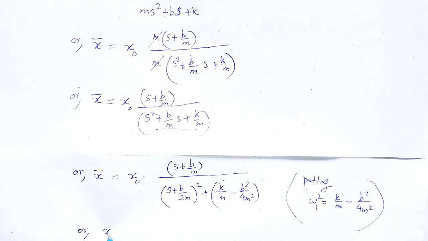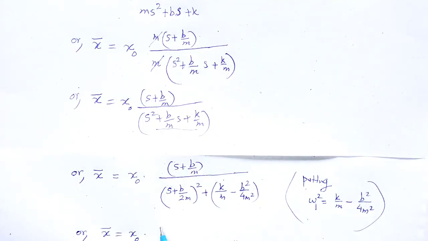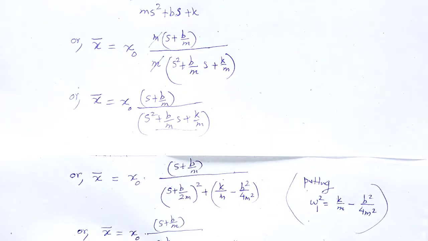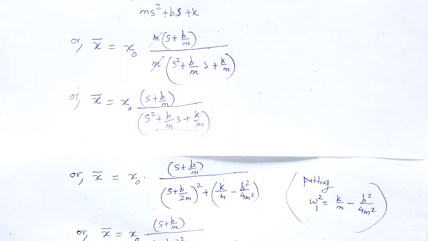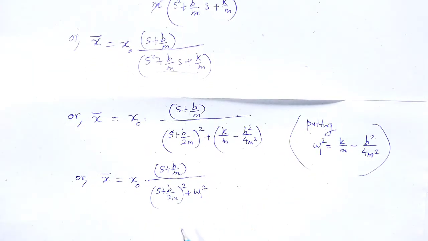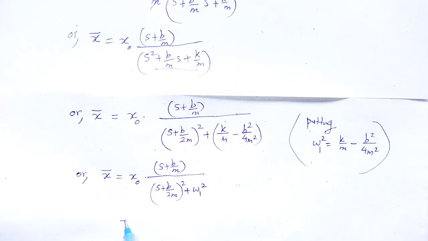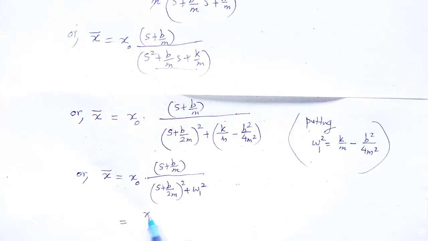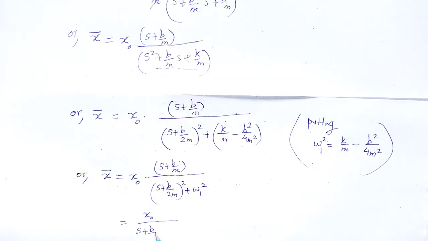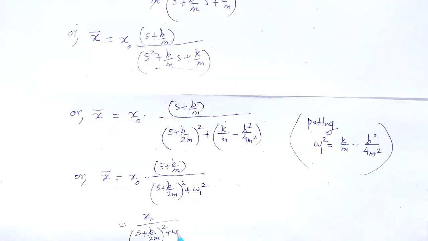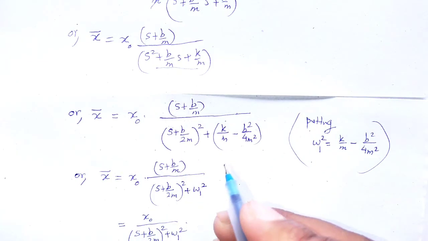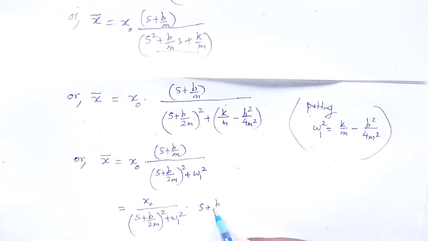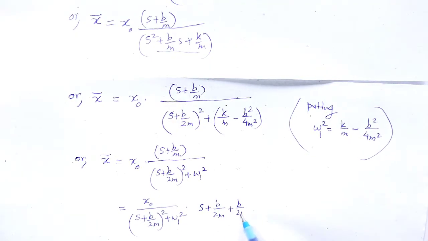Therefore, x bar is equal to x naught into (s plus b by m) divided by (s plus b by 2m) square plus omega 1 square, which is equal to x naught divided by (s plus b by 2m) square plus omega 1 square, into, in the numerator term, we have s plus b by 2m plus b by 2m.